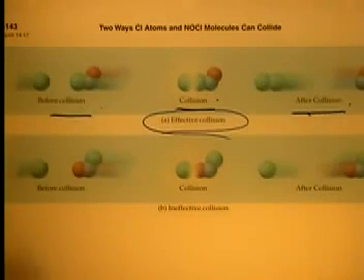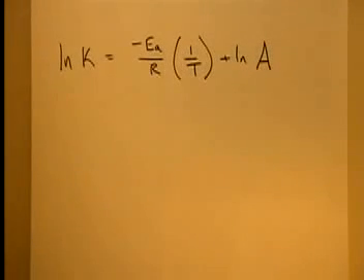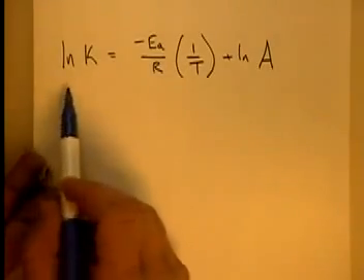Well, years ago, there was a scientist named Svante Arrhenius that came along and said, hey, how can we relate the rate constant to the amount of activation energy, and how can we actually calculate this activation energy? Well, to do this, he came up with what's called the Arrhenius Equation.